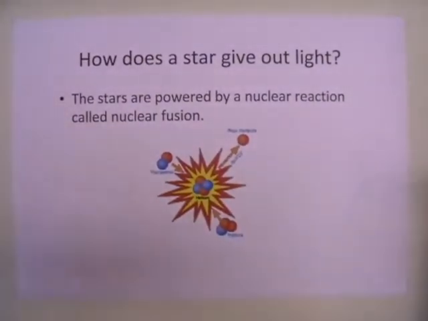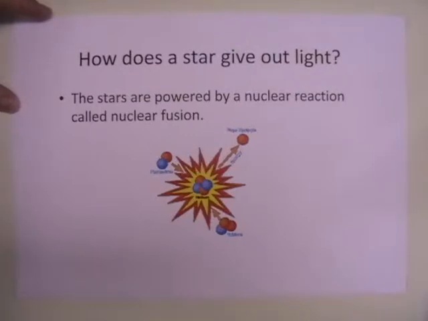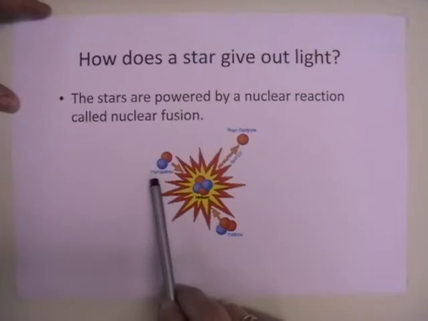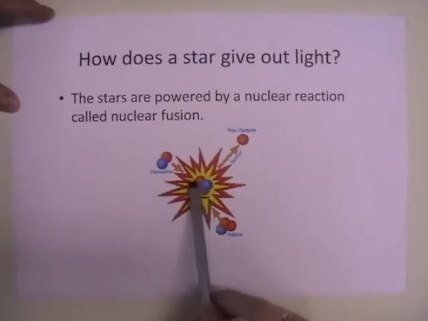So why is this body of gas a star instead of just being a planet? It is a star because it is so hot that a nuclear reaction takes place within it. This nuclear reaction is called nuclear fusion. When this happens, two isotopes of hydrogen, which in this case are called tritium and deuterium, join together or fuse together to form helium.